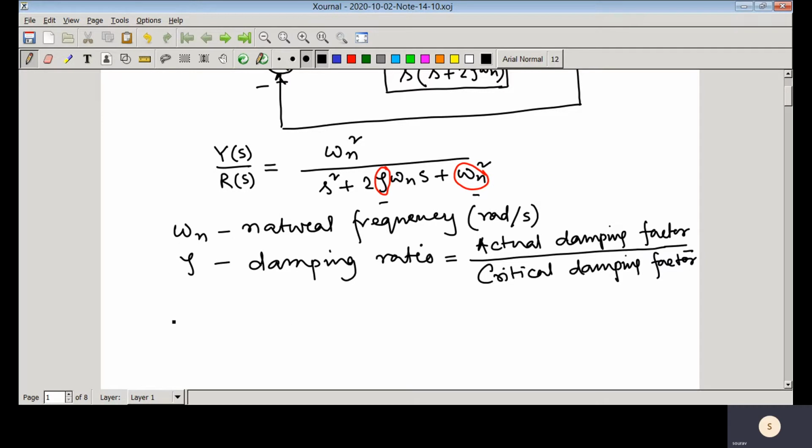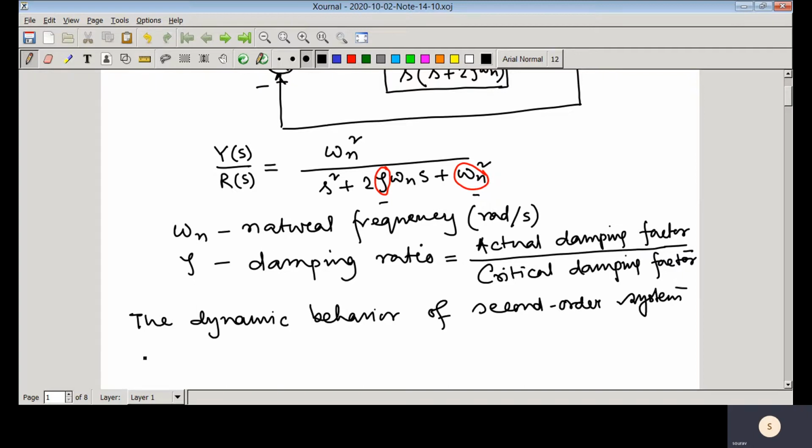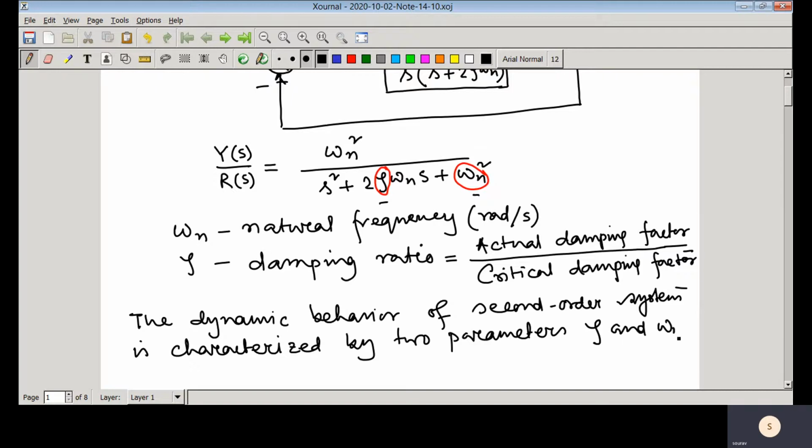So the dynamic behavior of second order system is characterized by two parameters, those are zeta and omega n, where zeta is the damping ratio and omega n is the natural frequency.